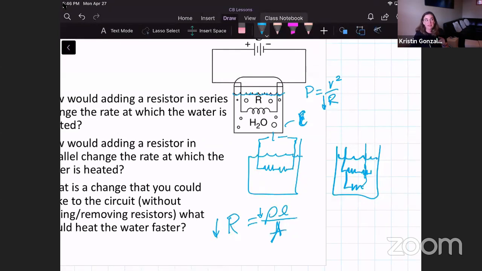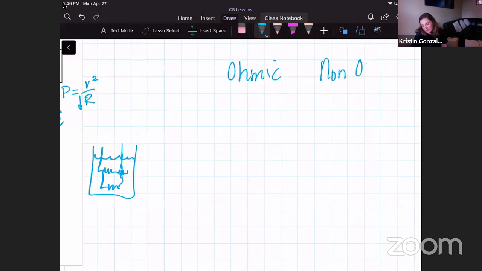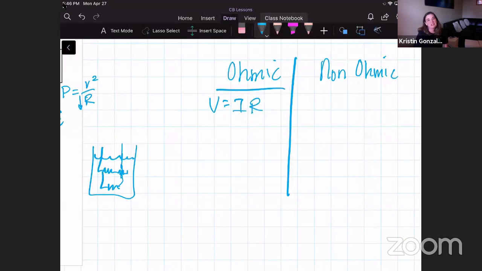The only thing this makes me think of that I want to add on to the end here, that we haven't necessarily talked about, is the difference between an ohmic and a non-ohmic resistor. We don't really see it that often, but I think this is a good time to bring it up. An ohmic resistor obeys Ohm's law, just like it sounds.